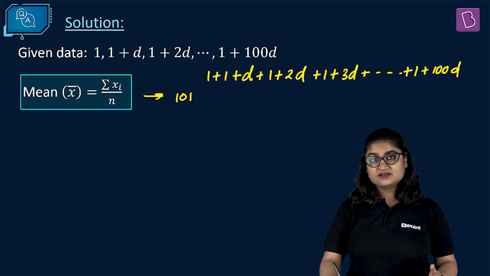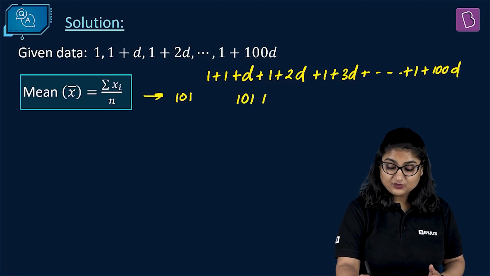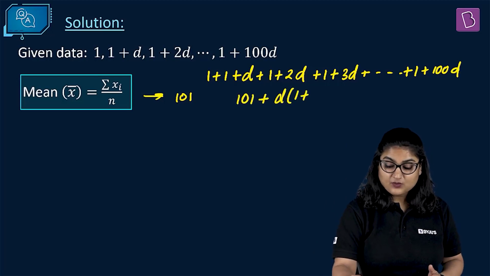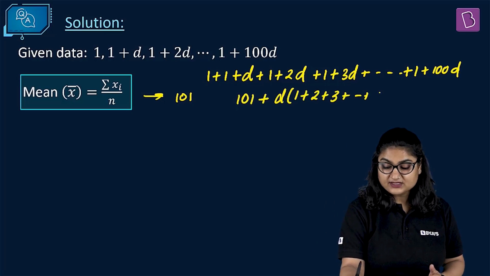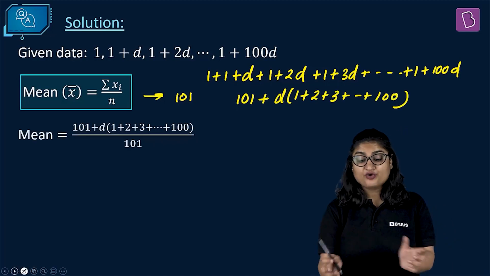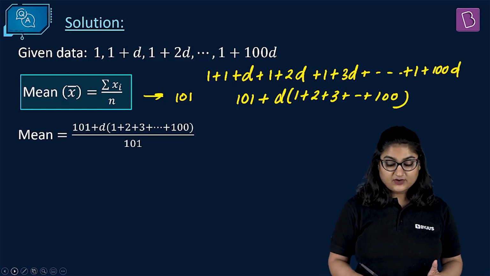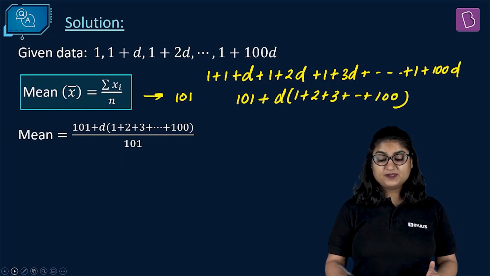So how many ones are there? There are 101 ones. So the sum would be equal to 101 plus d times 1 plus 2 plus 3 going till 100. So the mean would be equal to the sum of these numbers divided by the number of observations.